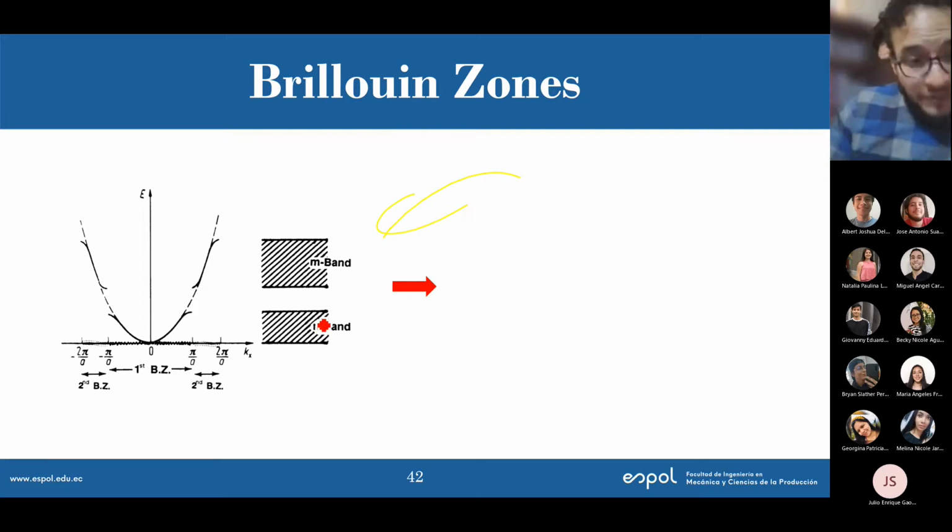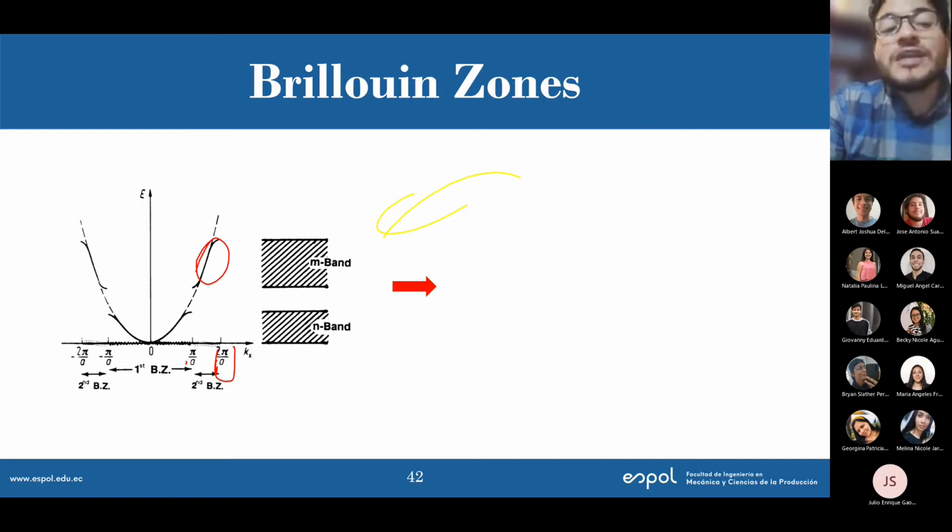So if I shift all this, from pi over a to 2 pi over a, shifted by 2 pi over a, so shifted here.